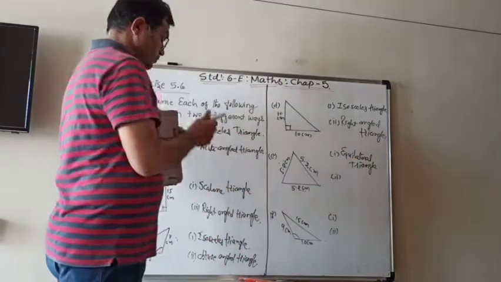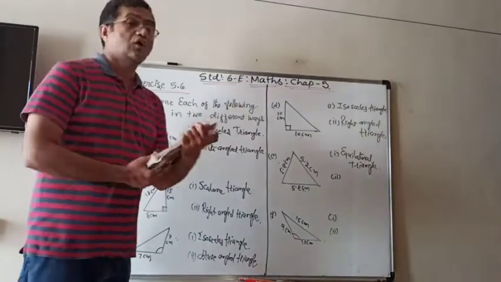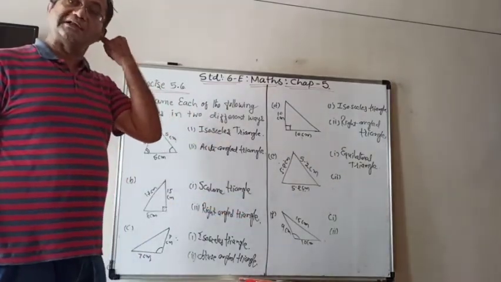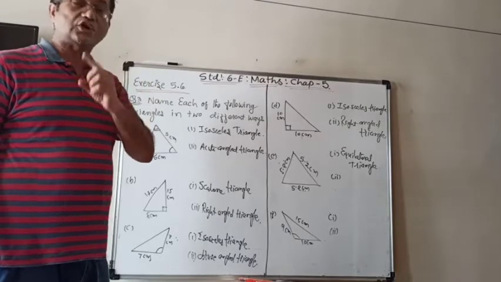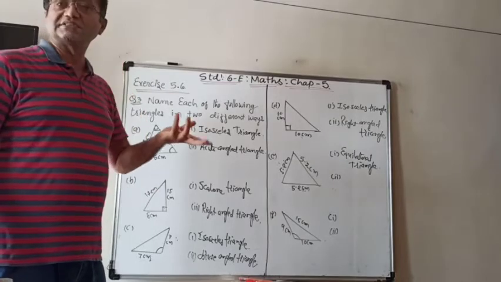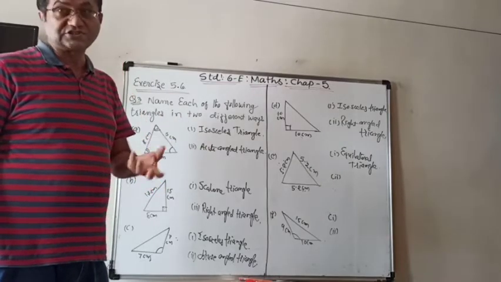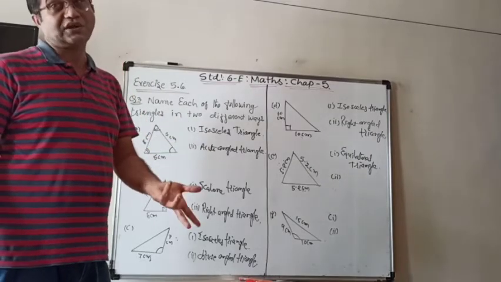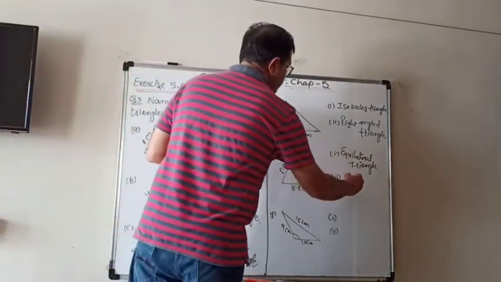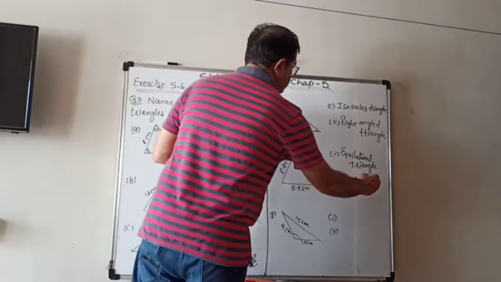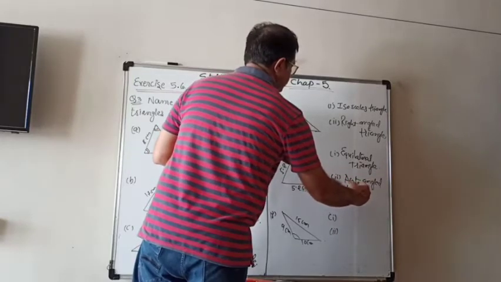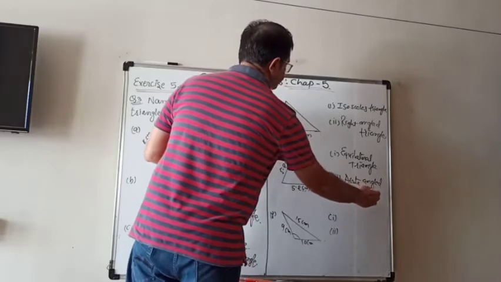And yesterday we wrote that if all the three sides of a triangle are equal, then all angles are also equal, and each has how much measure? 60 degrees. So all the three angles are acute angles, 60, 60, 60. Acute angles means acute angled triangle. So the other name is acute angled triangle.